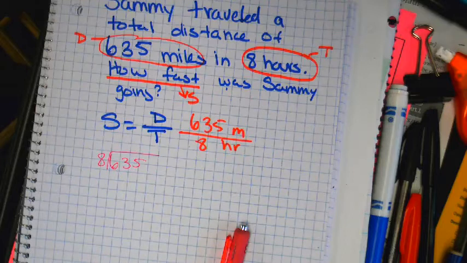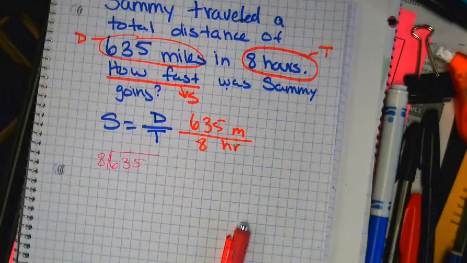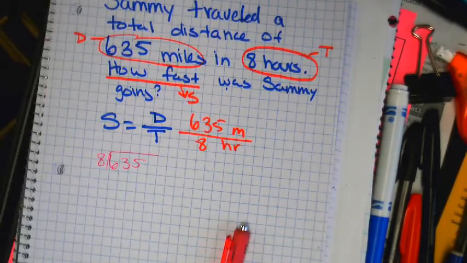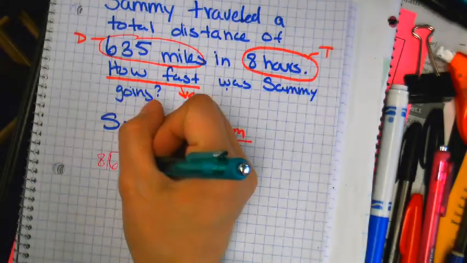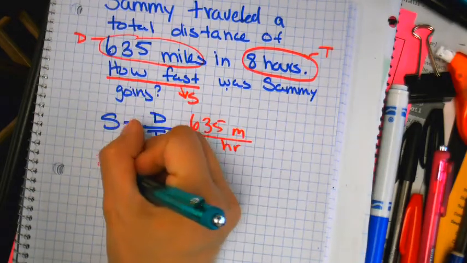How many times is 8 going into 63? 7 times? 56.